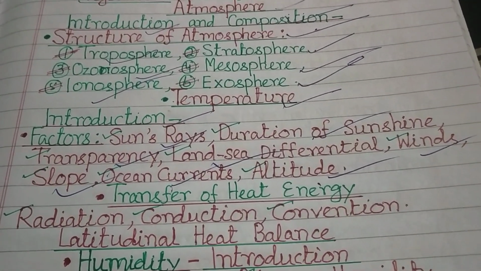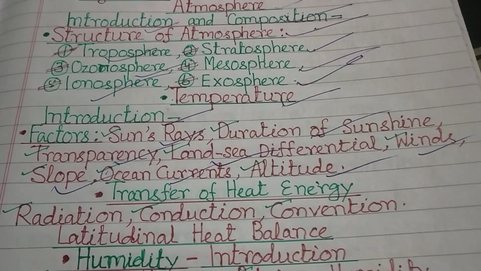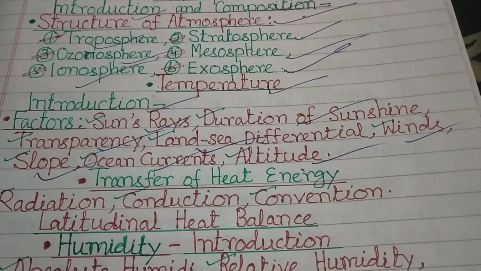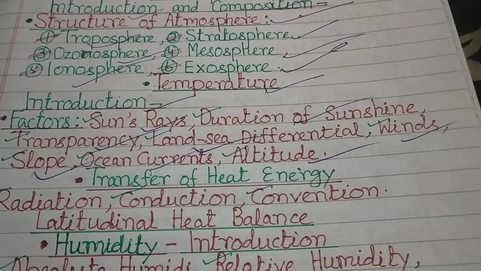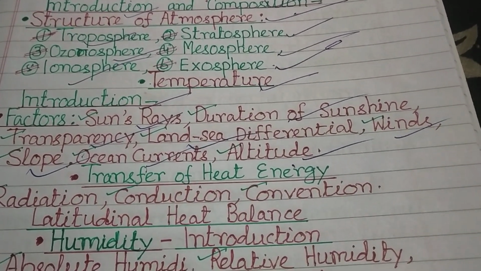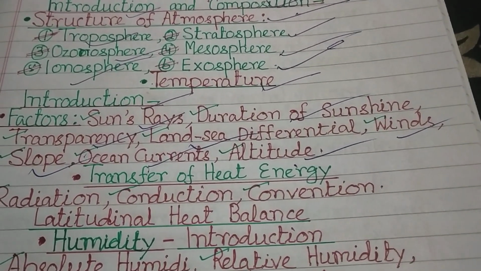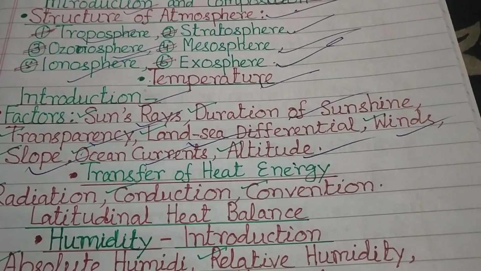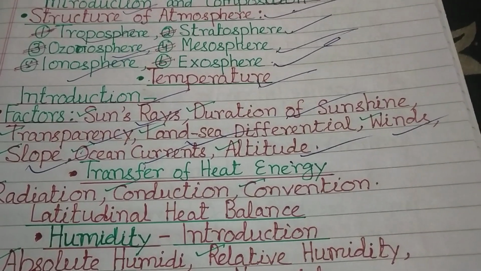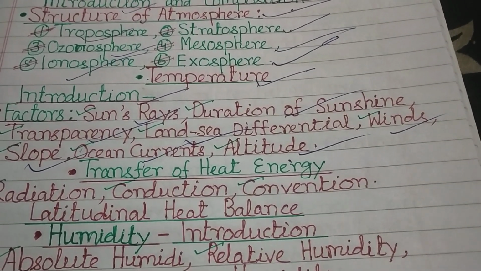Another important factor is the role of slope. The direction of the slope and its angle control the amount of solar radiation received locally. Slopes more exposed to the sun receive more solar radiation than those away from the sun's direct rays.